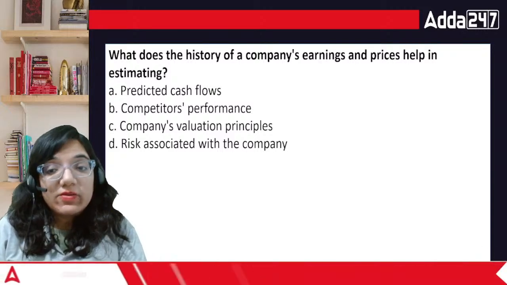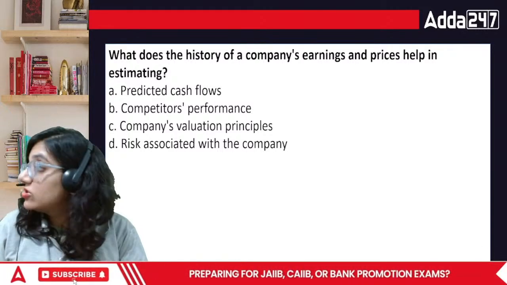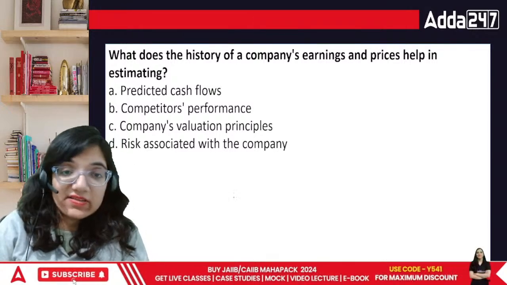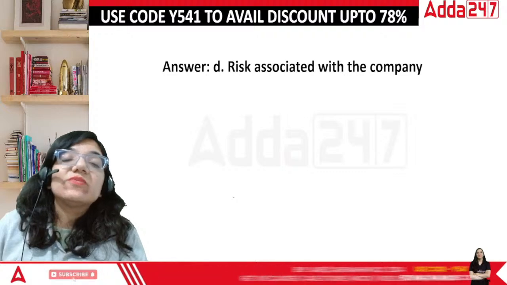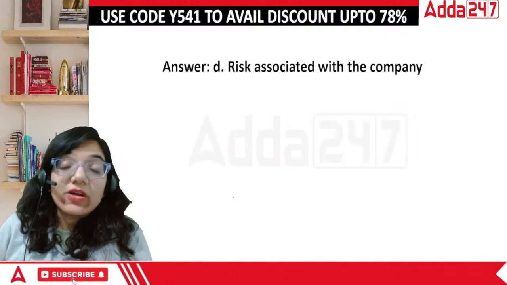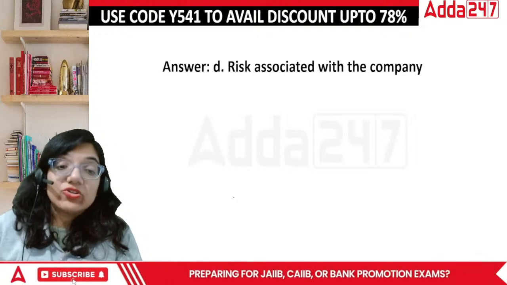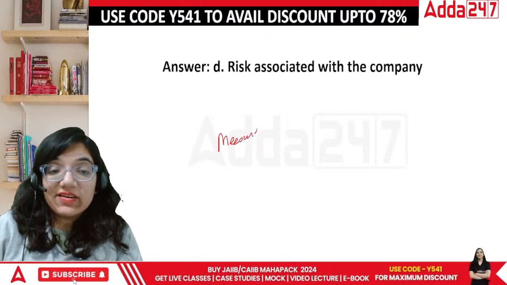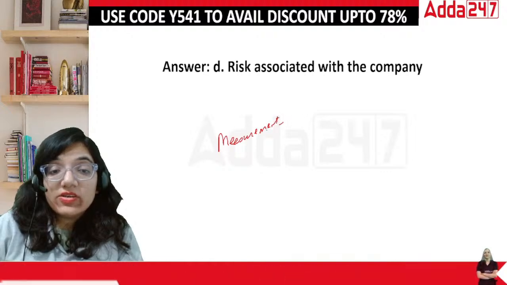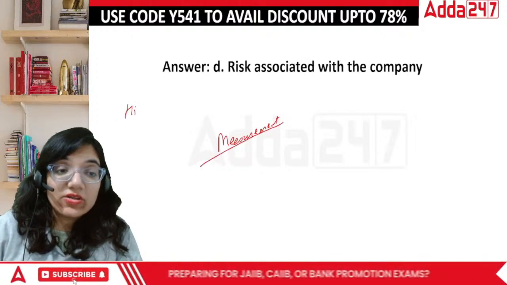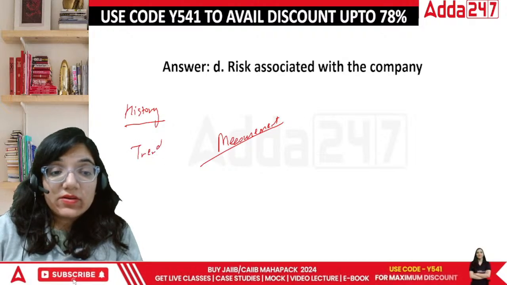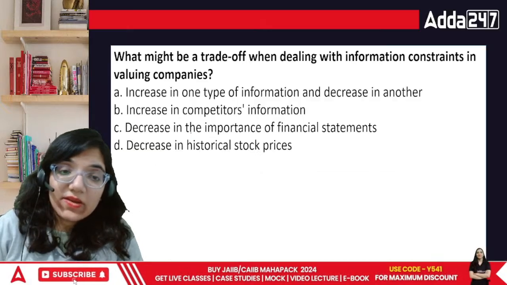The reputation of that organization is definitely available. So in this case, the answer is the risk associated with the company can easily be found out and measured. The measurement of the risks is easily done because you have seen the history of the organization and studied the trend of their work.